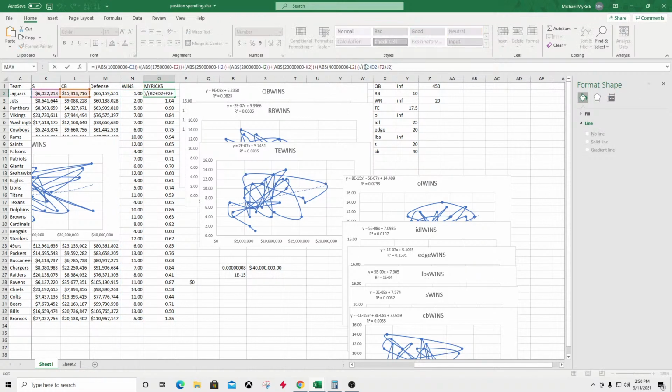So quarterbacks, right? If the number's 450, we literally have to put 450 million. 1, 2, 3, 1, 2, 3. And then subtract B2. No, it's gotta go the other way. It's gotta be B2 minus 450 million.